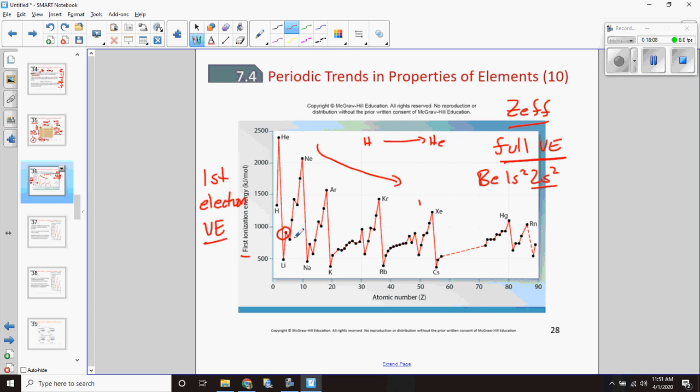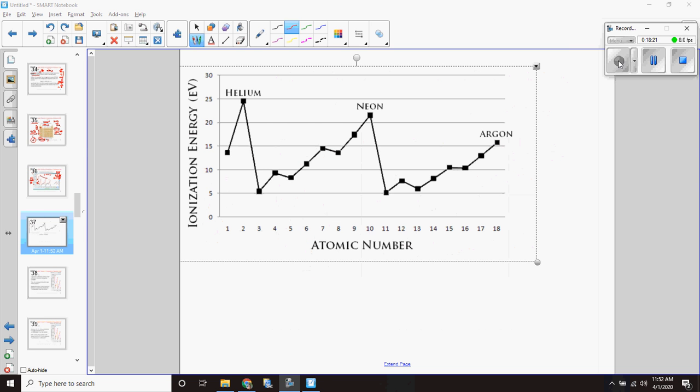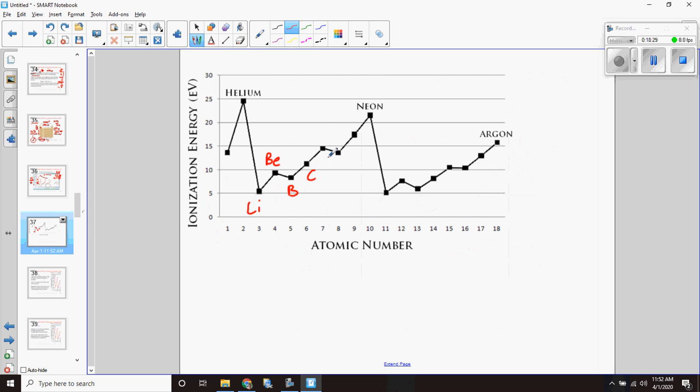How about I just write it in? Boy, did I screw that up. Okay, I fixed it. So this is lithium, and then beryllium, and then boron, carbon, nitrogen, oxygen, fluorine, and then neon. I have no idea why I was getting those mixed up.